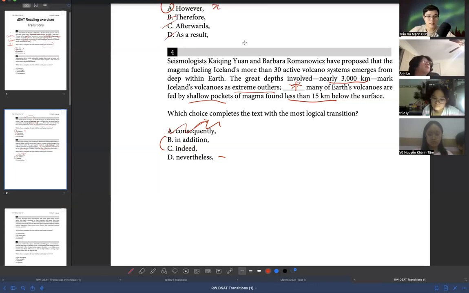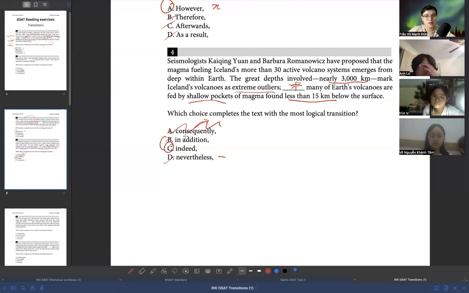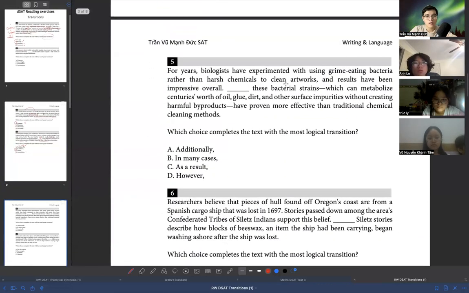So indeed, in this case, is more correct than in addition. So C, indeed, means that you're reaffirming that Iceland's volcanoes are very extreme outliers because many of Earth's volcanoes are fed by shallow pockets, 15 kilometers deep. So C. All right.